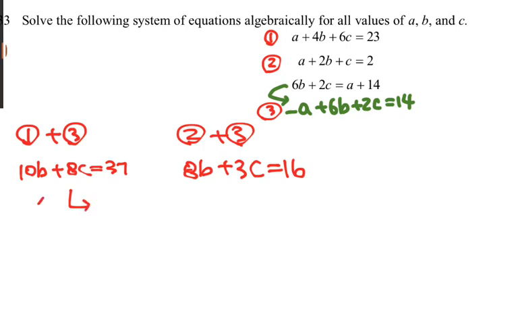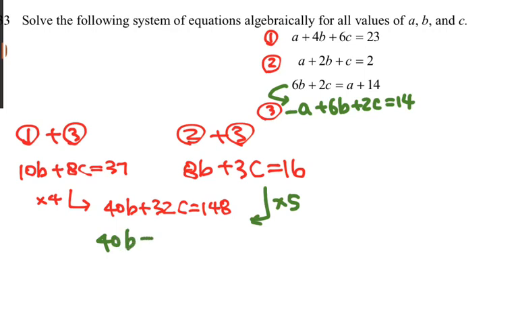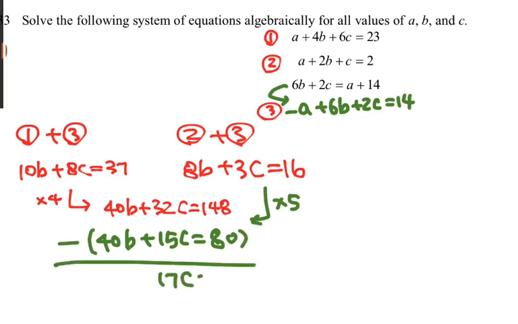So I'm multiplying the first one by 4, and notice that I have to multiply the entire equation by 4. And the second one by 5. Now I'm going to subtract them because they have the same sign. Then we get 17c equals 68.